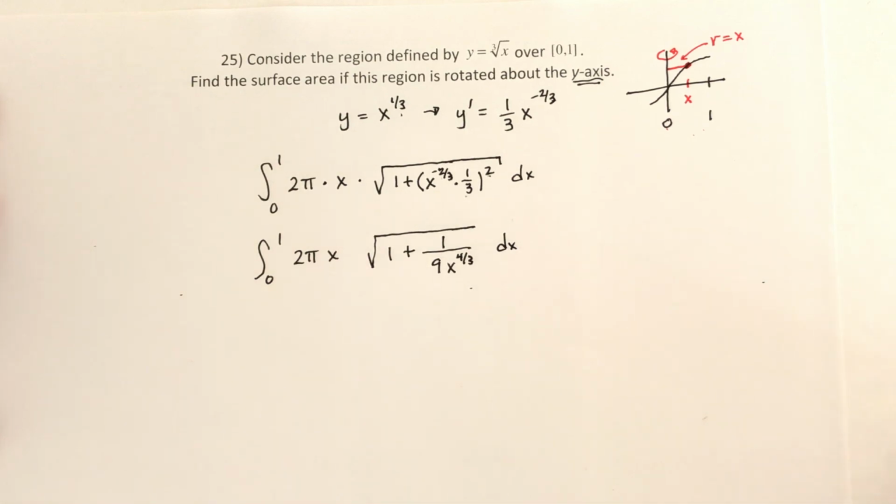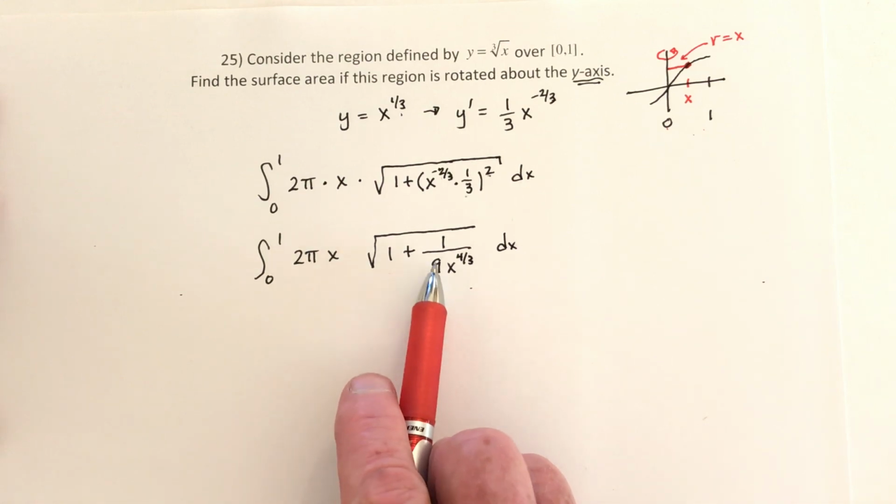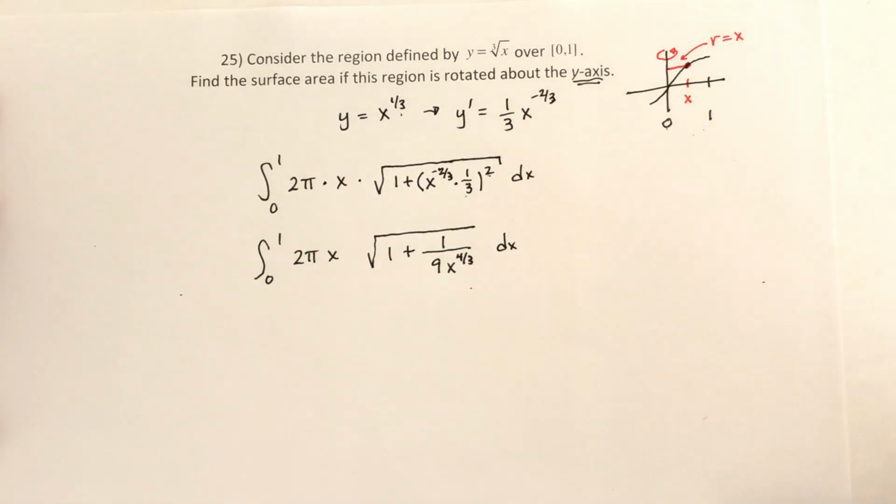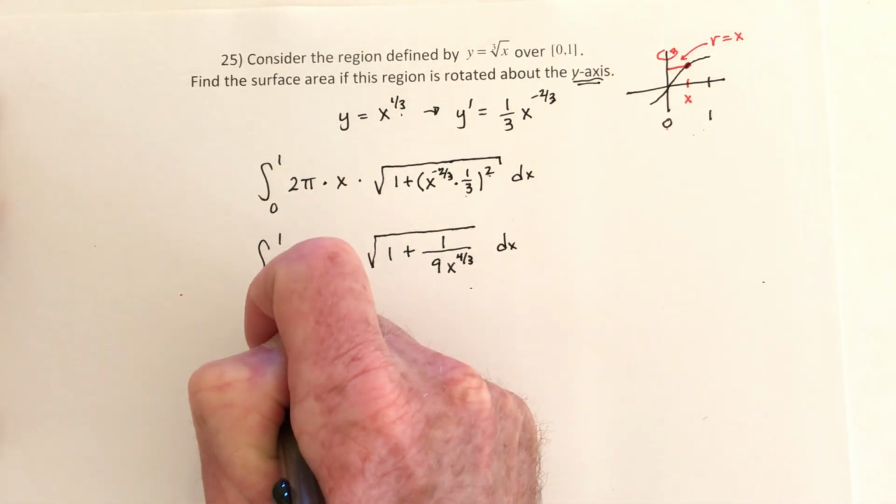And then we need to do some more algebra. In order to add these two things, we need a common denominator.